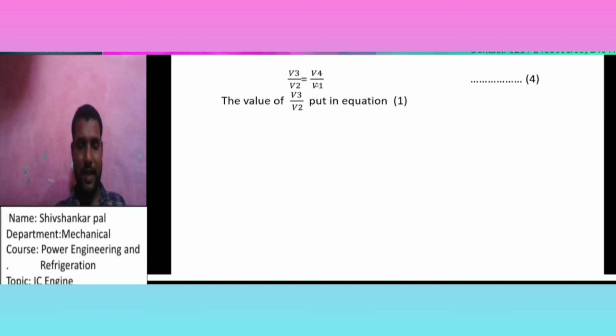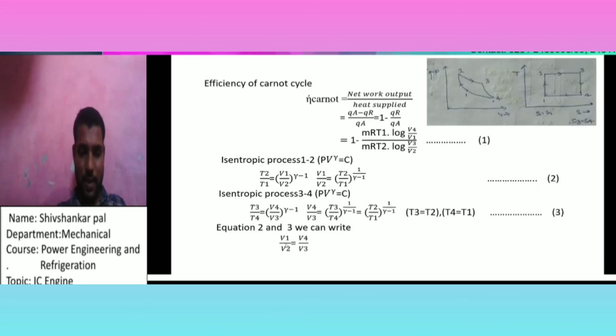Because V4 by V1 is equal to V3 by V2, numerator and denominator are the same.